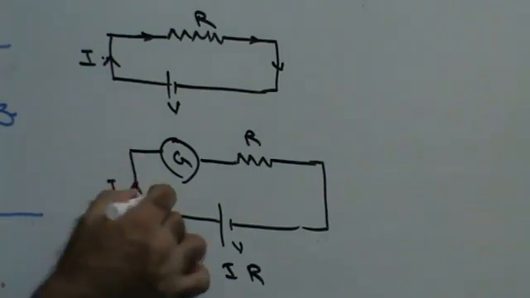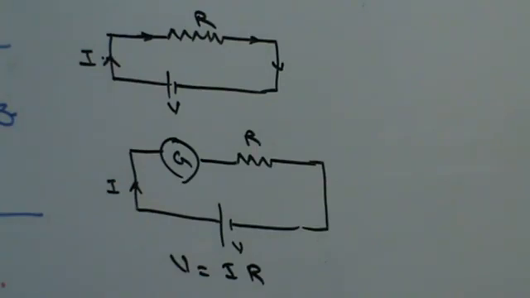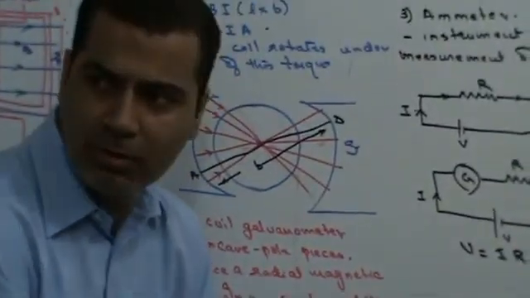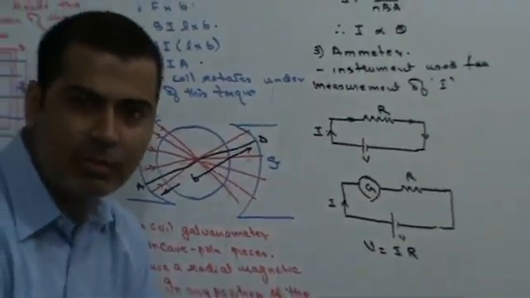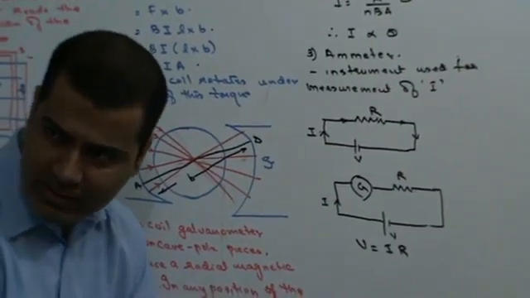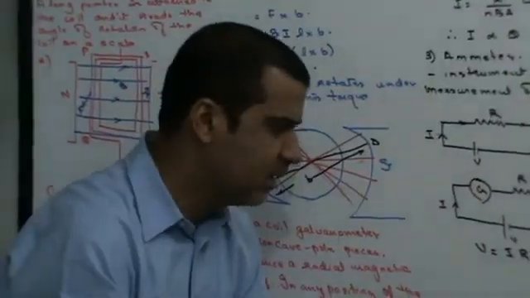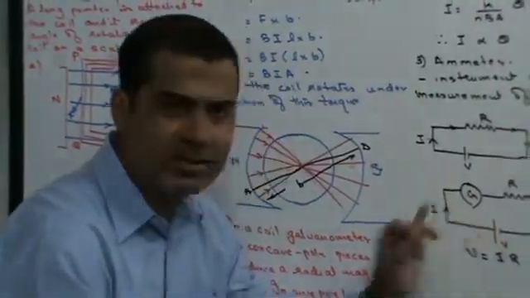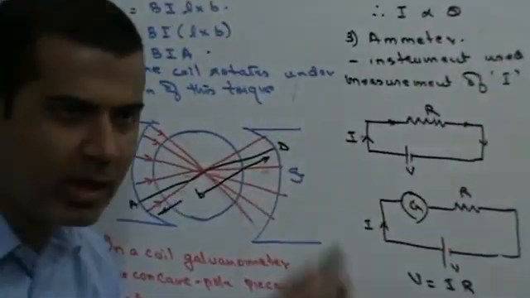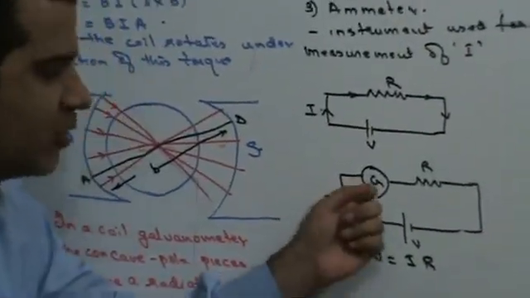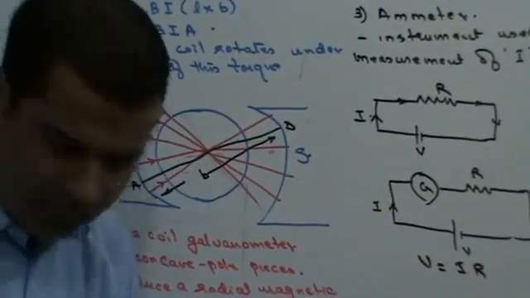So I have to protect my instrument, I have to make sure that the instrument is sensitive, and third, I have to make sure that the instrument gives me the actual reading of the circuit. Three conditions I require from an ammeter. First, the resistance is as low as possible so that I can measure the actual current. Second, a large current does not flow through the coil of the galvanometer.